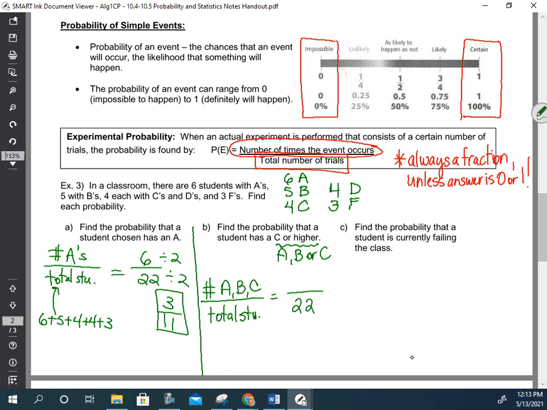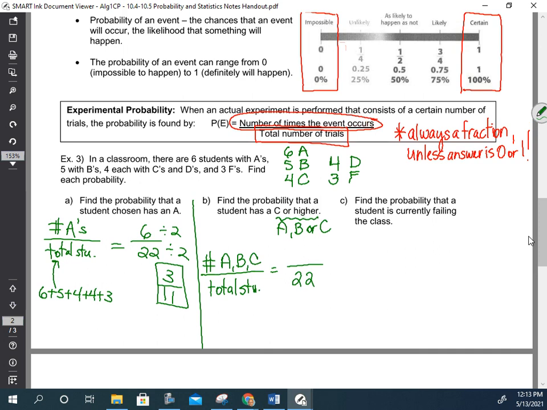How many A's, B's, and C's are there? 15. 6 plus 5 plus 4. 15. So is there anything that divides out of 15 and 22? No. 15 over 22 is your answer. So more than half the class has A, B, or C.